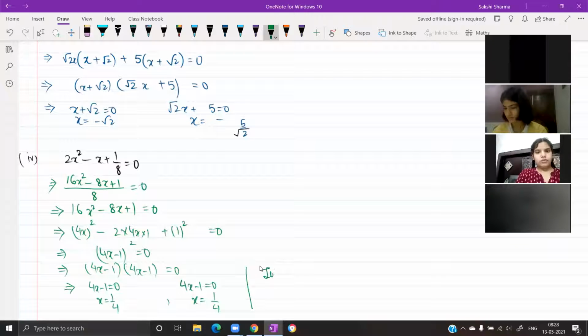Please mark, you are obtaining two equal roots here. It's not necessary that you have to use the identity. If you are not able to identify the identity, and you have done your sum by splitting the middle term, you will obtain the same answer. It will not be wrong.